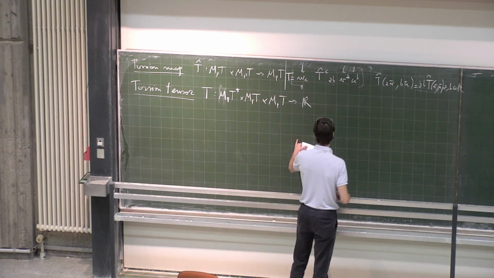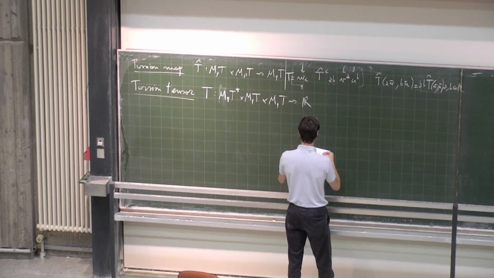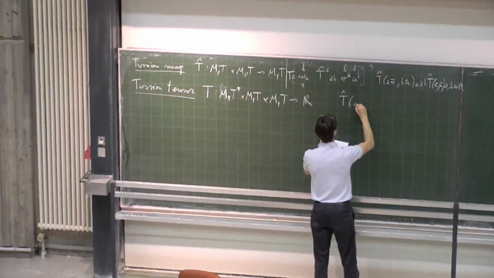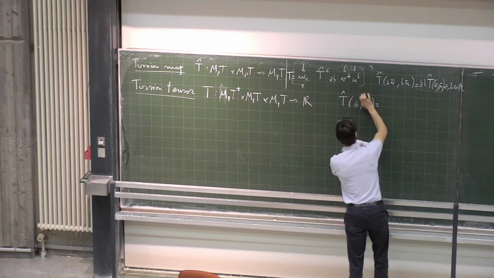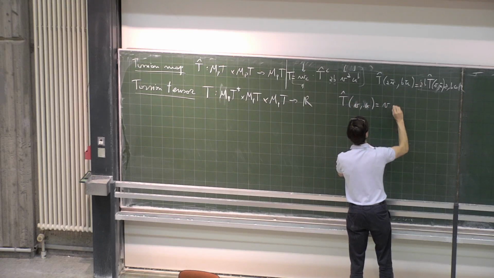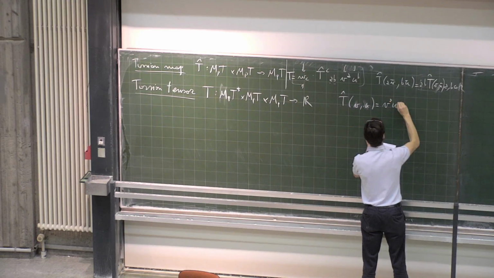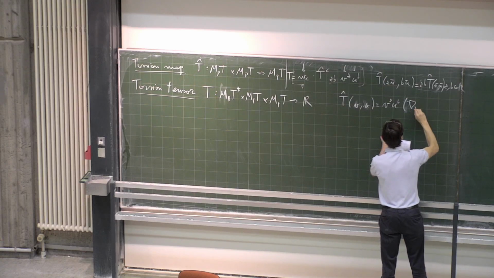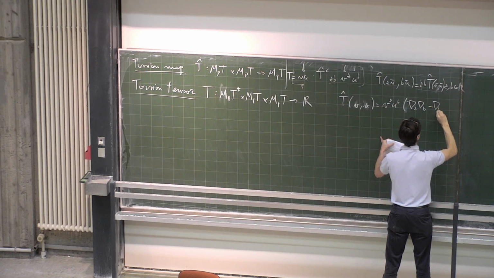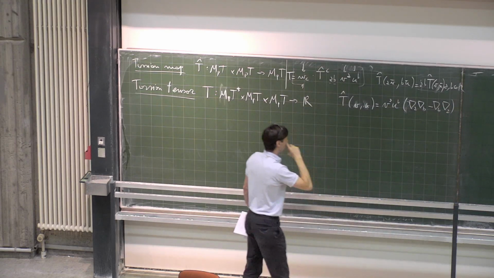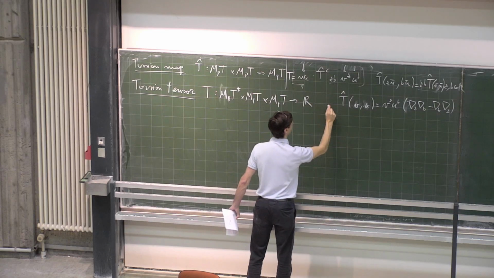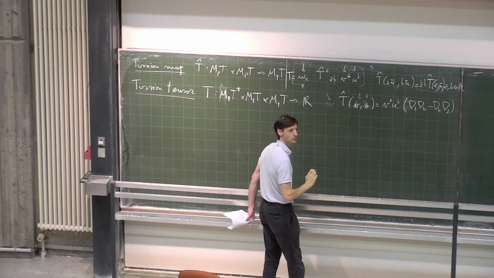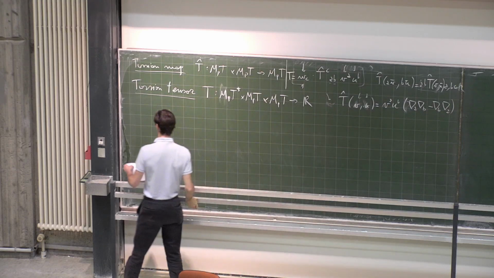Just recall the definition of torsion, so the torsion map: T(V,U) is going to be ∇_V U − ∇_U V minus the commutator of V and U. So we have this object, we are attaching our one form, and then we are going to plug the basis into here to get the coefficients. So let's do that.